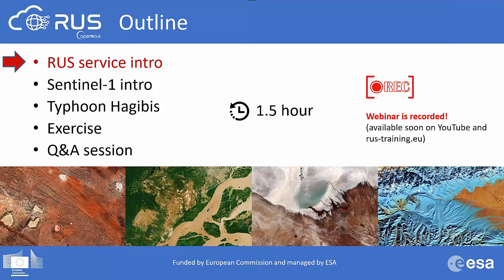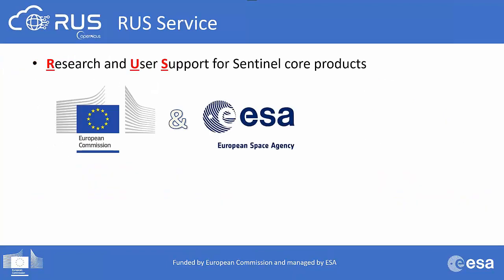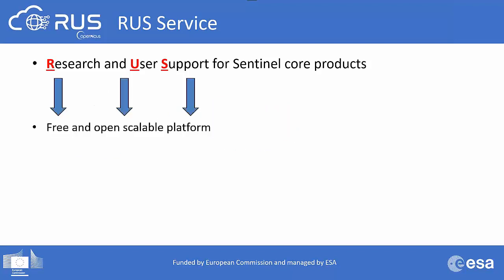So let's start with the RUS service intro. For those of you who are already familiar, this will be a repetition. However, RUS stands for Research and User Support for Sentinel Core Products. And it's a program that's funded by the European Commission and managed by the European Space Agency. Its main goal is to increase the uptake of Copernicus Sentinel data and support R&D activities.